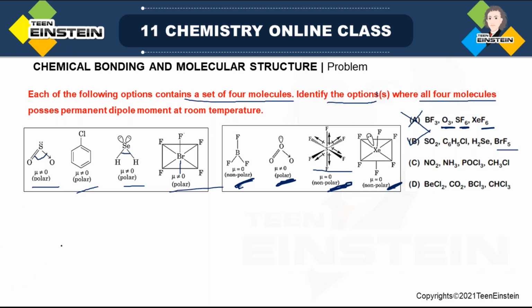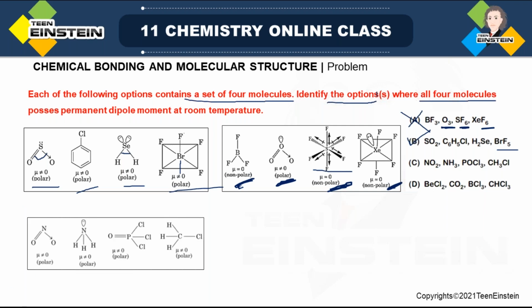Okay. So next one, NO2 and ammonia. So NO2 is again angular. So I'm not now going into the details why it is angular, why ammonia is tetrahedral. That answer obviously will be easily understood only after learning VSEPR. Then we have POCl3.